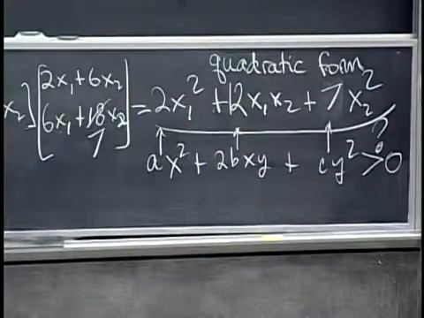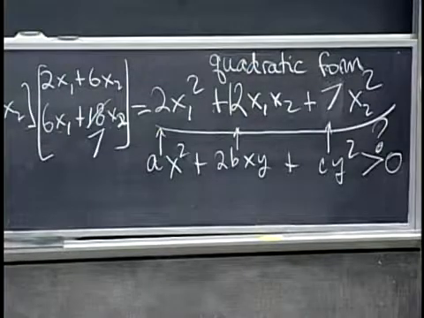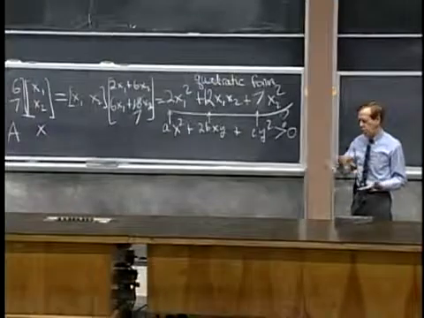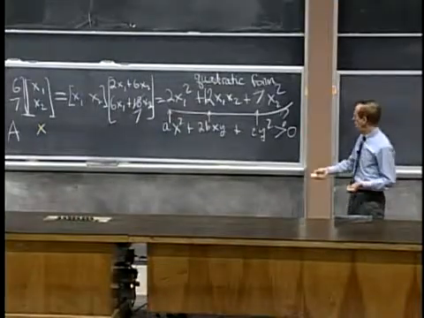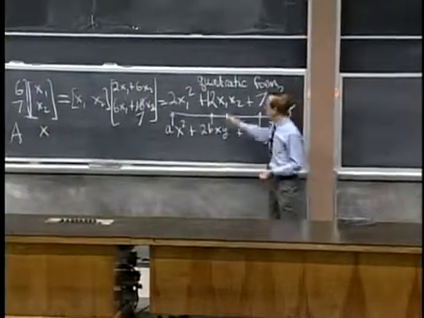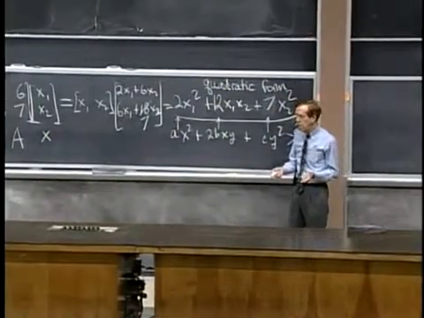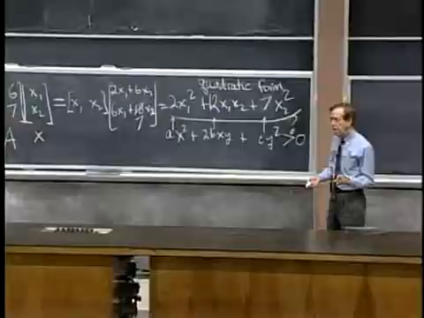And I'm desperately trying to think what they are. Maybe you can see. Can you tell me a value of x1 and x2 that makes this quantity negative? Oh, maybe 1 and minus 1?